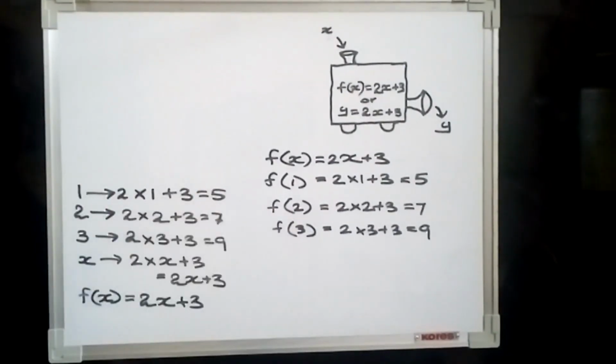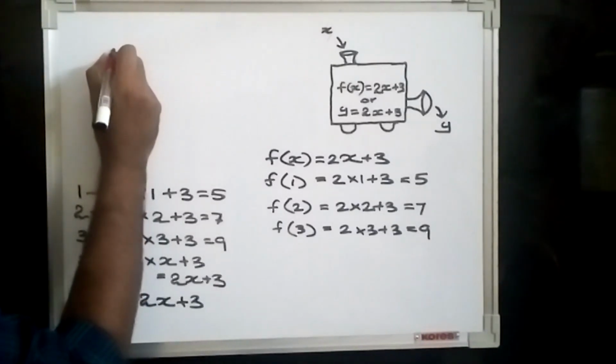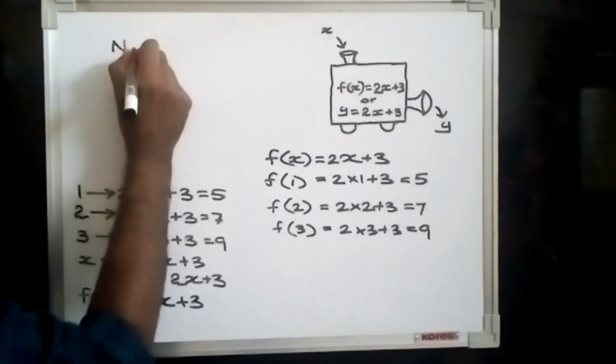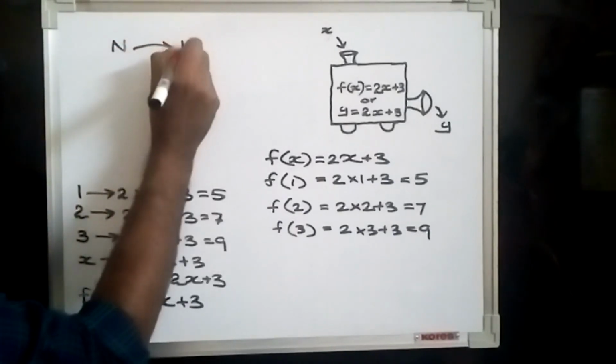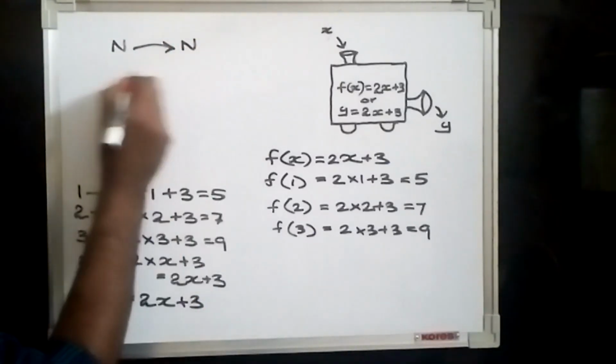Now let us represent the data in an arrow diagram. Let it be a function defined from the set of all natural numbers to the set of all natural numbers.